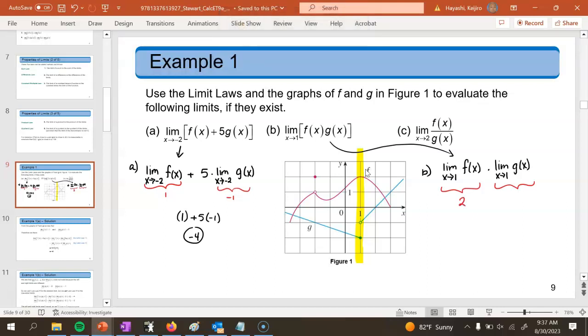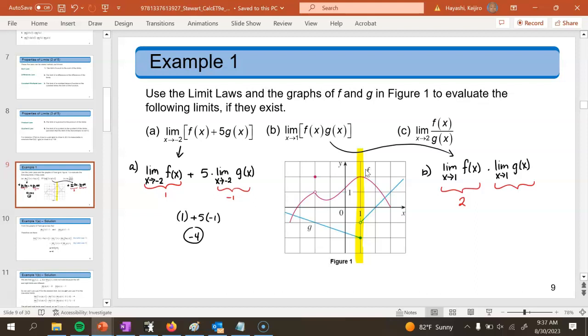On the other hand, what value, if any, is g of x looking like it's approaching as x gets close to 1? What does it look like it's approaching from the left? -2. But what does it look like it's approaching from the right? -1. Those are different. The left and right-handed limits are different there around x equals 1.